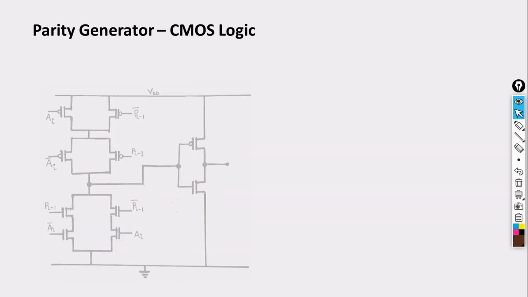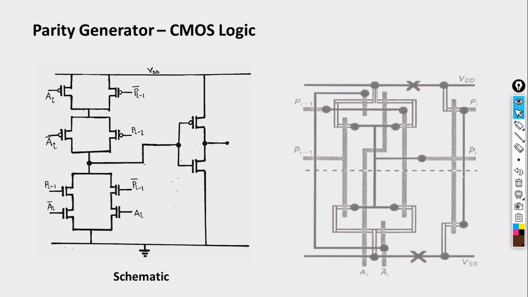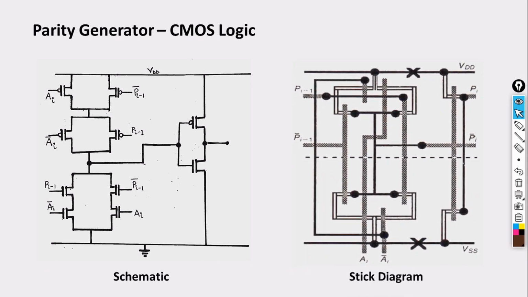If I go for CMOS logic, let me draw the schematic over here. It is going to be an XOR gate, right? In the sense that our NMOS will be in series and then PMOS will be in parallel. You can observe these particular things are in series, two inputs, and again here we'll have plus, that's why it is going to be parallel.